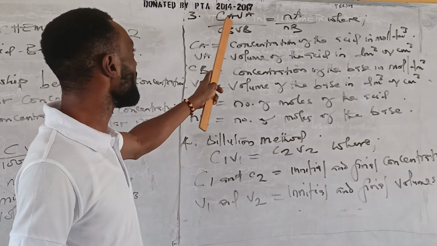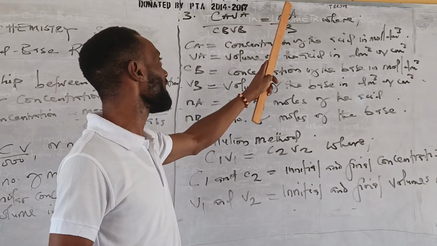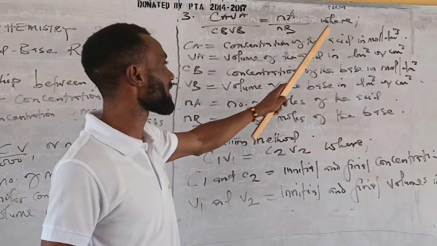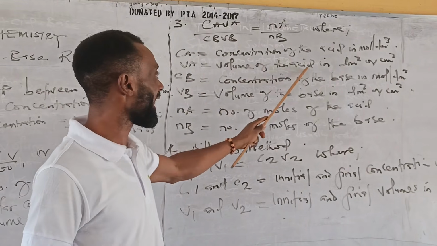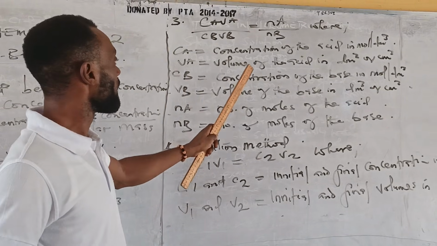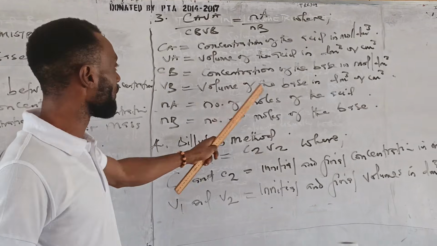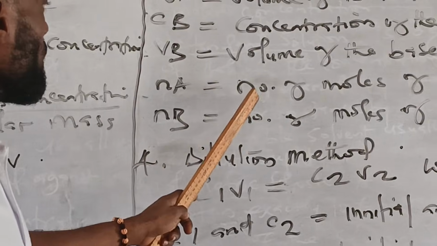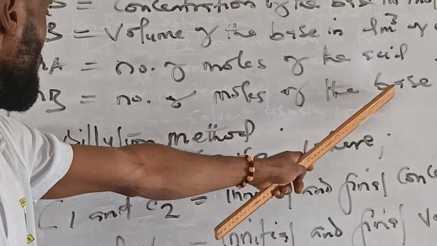We have it as CAVA over CBVB equals nA over nB, where the CA stands for concentration of the acid in mole per dm cube, VA is the volume of the acid in dm cube or centimeter cube, CB is the concentration of the base in mole per dm cube, VB is the volume of the base in dm cube or centimeter cube, nA is the number of moles of the acid, and nB is the number of moles of the base.